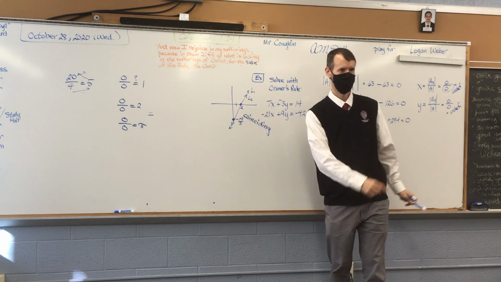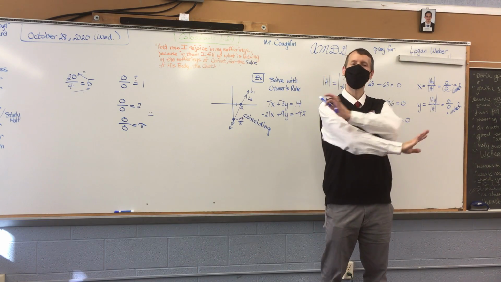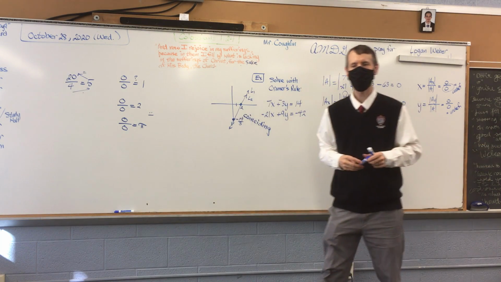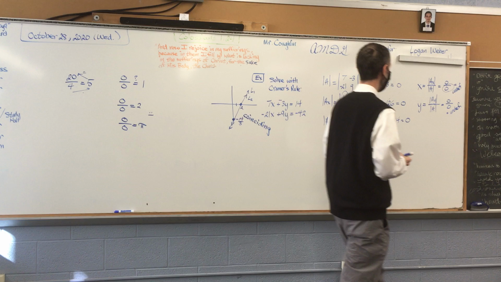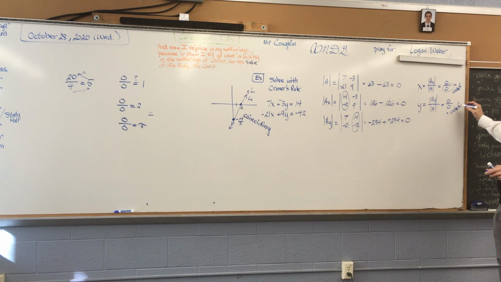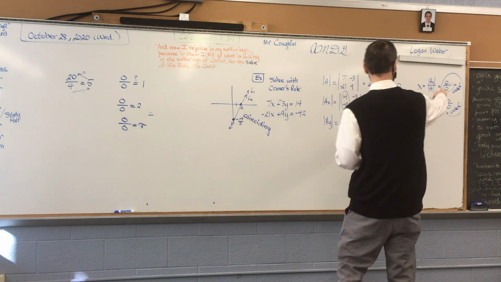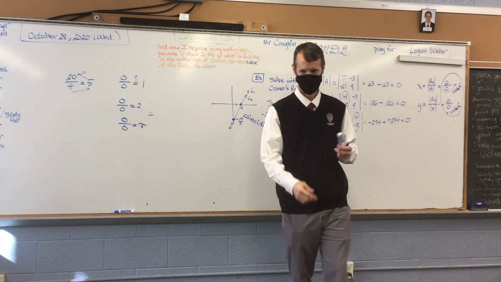How often do these 2 lines cross? Everywhere, forever and ever and ever. There are too many answers. You cannot solve. You put undefined, but that is actually not good enough, because undefined would also be true if you had something like 5 over 0.